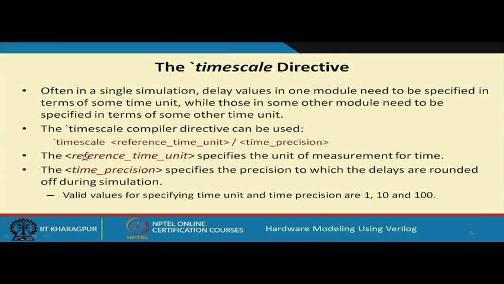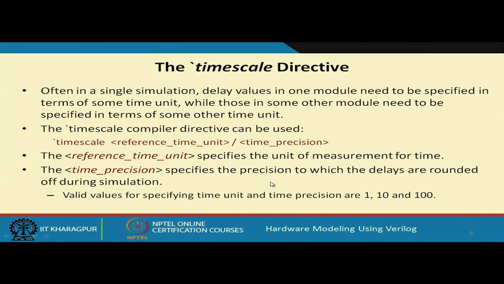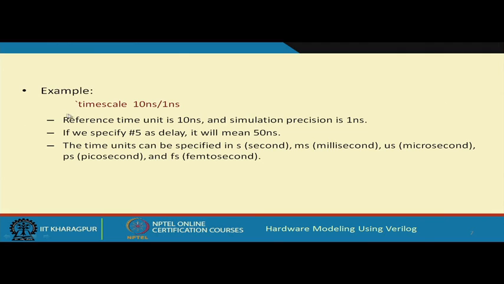And for these times, the valid values you can give are only 1, 10 and 100. You cannot write 2, 3 or 5 here. These values can be 1, 10 and 100 only, and the units can of course be different. As I said, this was the timescale we gave in that example. So, when you write #5, it means a delay of 50 nanoseconds.